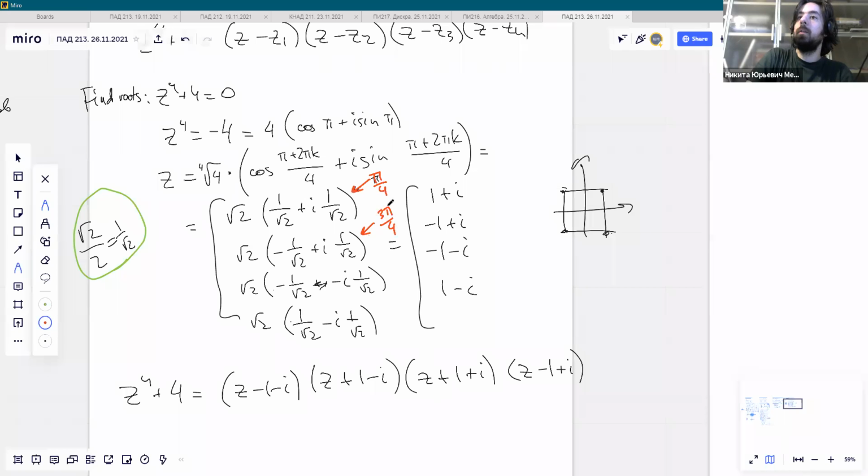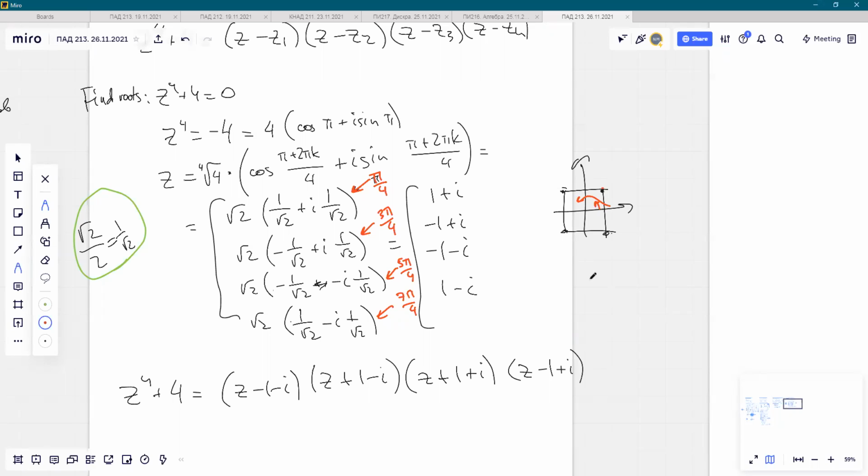I add 2 pi to the numerator. This is for 5 pi over 4, and this is for 7 pi over 4. Again, pi over 4 is this angle, 3 pi over 4 is this angle, etc. So they have the same cosines and sines, but with different signs.